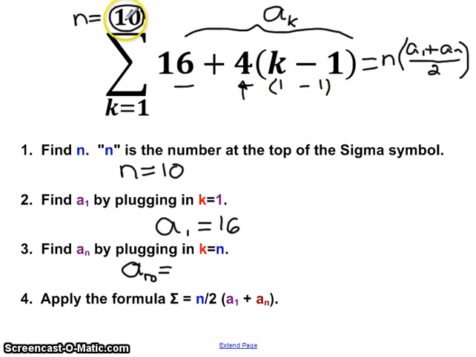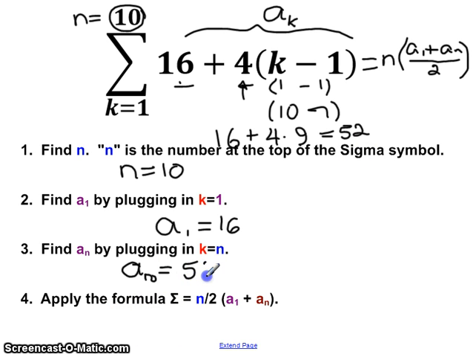So the nth term, the 10th term in this case, is going to be 16 plus 4 times 10 minus 1. 10 minus 1 is 9. 4 times 9 is 36. 16 plus 36 is 52. And so I'm going to get 52 here.